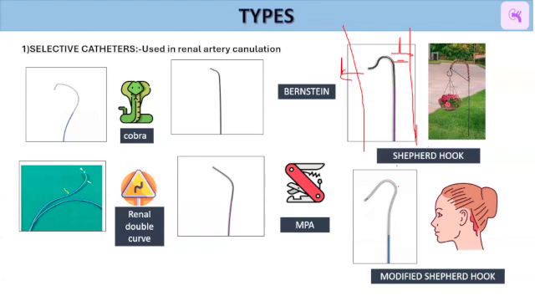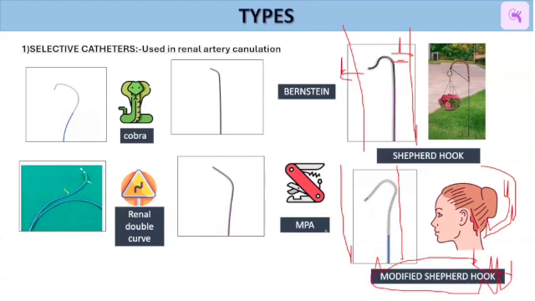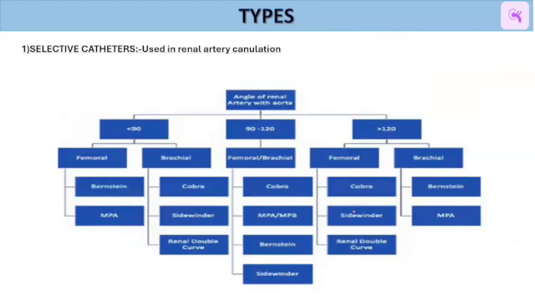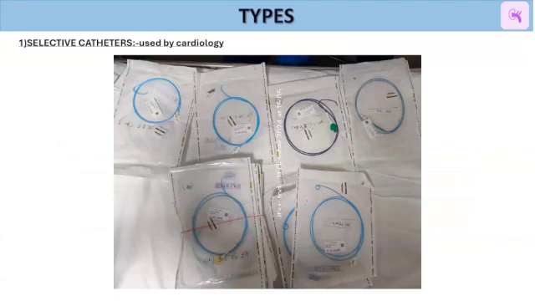So we need something which has an occiput. That is known as the modified Shepherd hook catheter that is used for renal artery cannulation. So different catheters are required to enter at different angles, but most commonly used are Bernstein, Cobra, and renal double curve. These three can do the job of entering the renal artery.